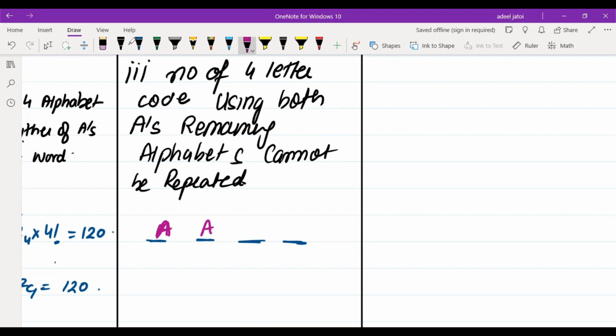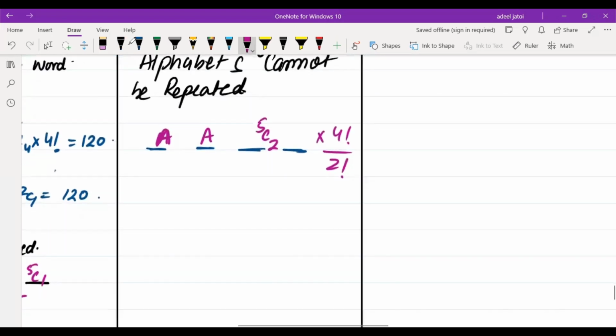Considering that alphabets cannot be repeated, we will have 5C2, and then movement of the 4 alphabets, that will give me 4 factorial upon 2 factorial because of repetition of A. So this means 5C2 into 4 factorial upon 2 factorial.